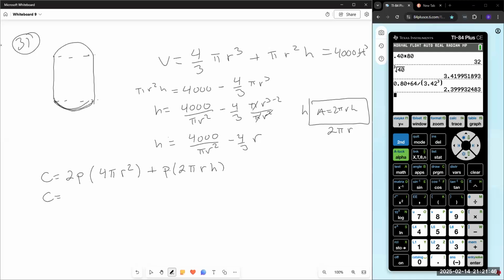This is 8 pi r squared times P. And then this is going to be plus 2 pi r P times h, which we just found was 4,000 over pi r squared minus 4/3 r.